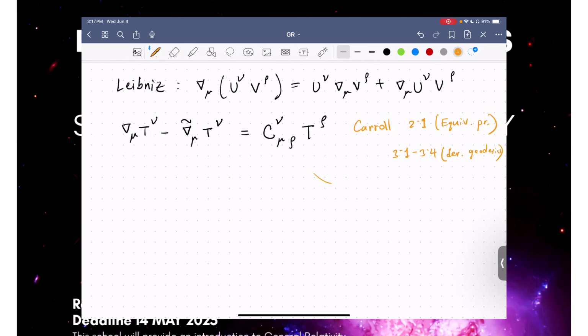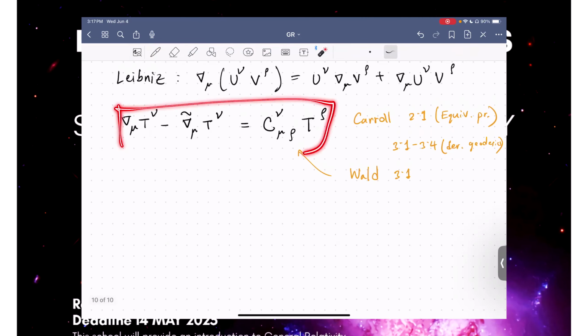And for this particular statement, you can see the book General Relativity by Wald, section 3.1. Wald is a bit formal, so he writes down all the properties of the covariant derivatives, and he tries to prove some of them, which is enough for this course.